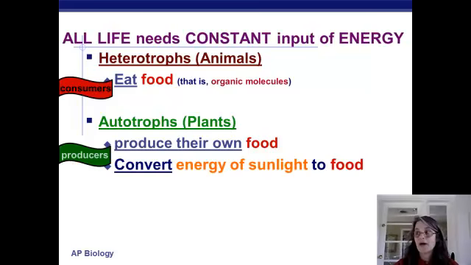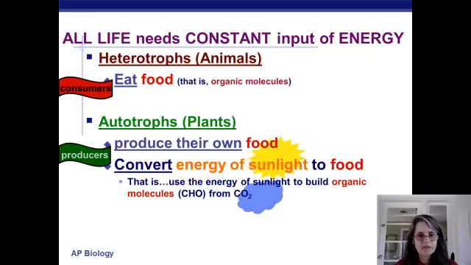Now, the way the organisms that we're focusing on in this unit do that is they convert the energy of sunlight into food molecules, okay? They use the energy of that sunlight to build the complex organic molecules that they then will break down as food particles.